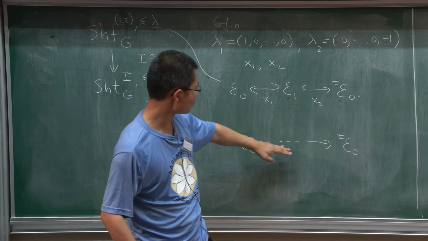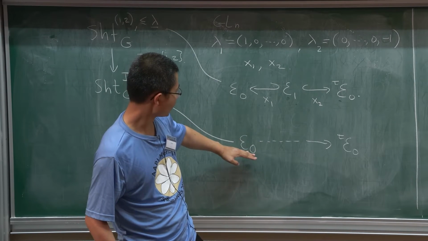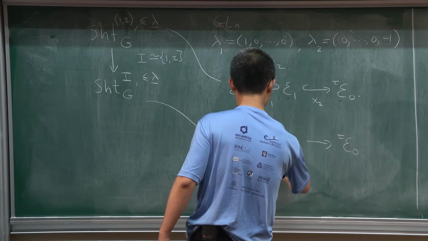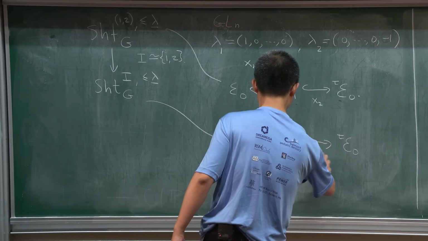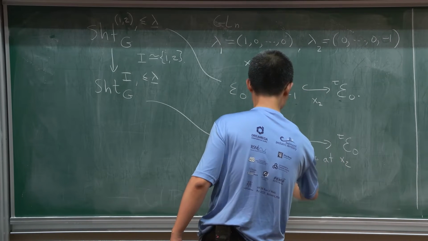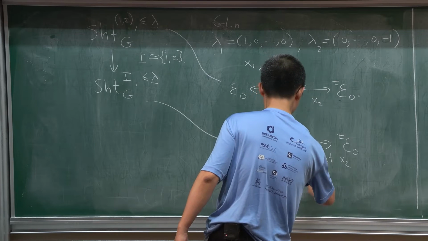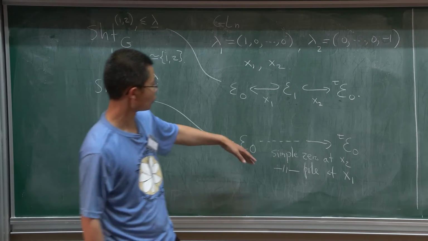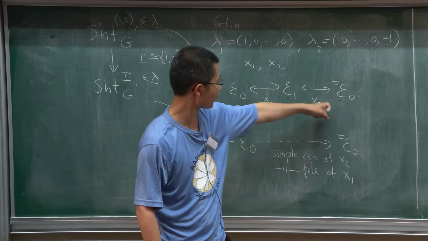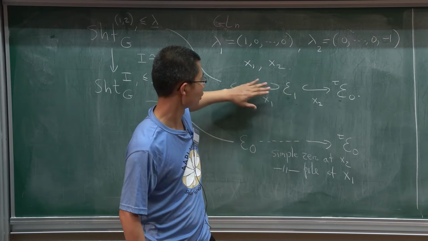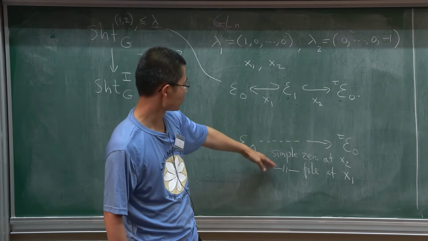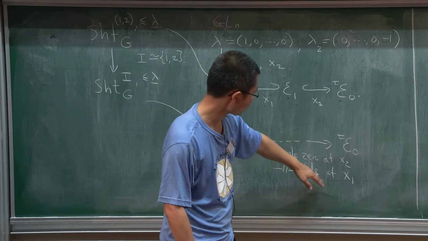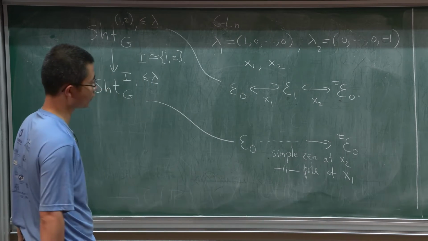So at least we know this has, at worst, a simple zero at x2 and a simple pole at x1. The zero and pole orders cannot be too large if it comes from such a diagram. But there's even more: for example, if there's a pole, and you look at the leading term, there are more constraints.